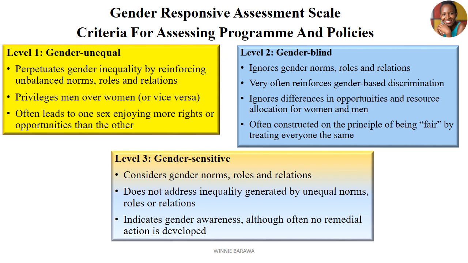We are just aware about it, but we are not doing anything about it. We're not putting remedial actions. We are not putting actions in place to eliminate. The only thing is that it has acknowledged that there are some roles and differentials in this particular setup, but there are no solutions being put into place.